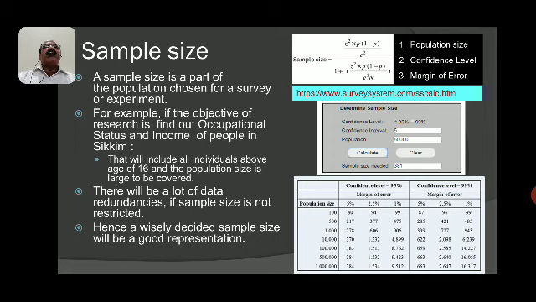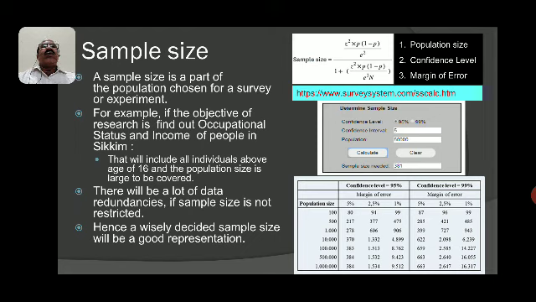Sample size is a part of the population chosen for a survey or experiment. So we have to take care of that. For example, if the objective of research is to find out occupational status and income of people in Sikkim, where we had gone for a field study, what will we do?